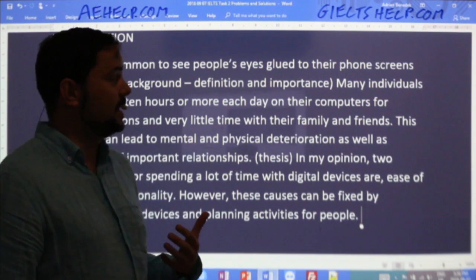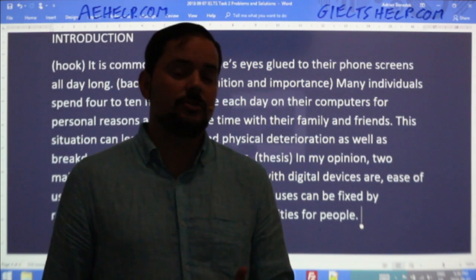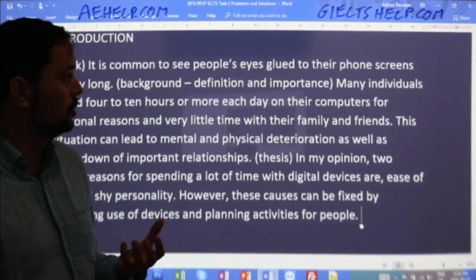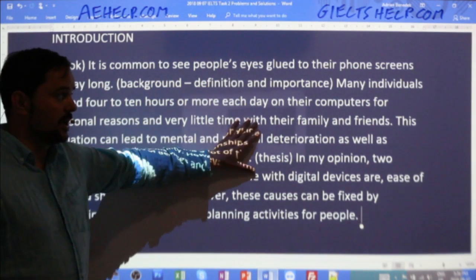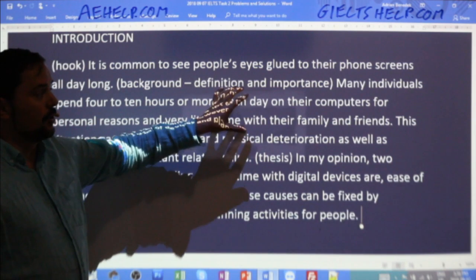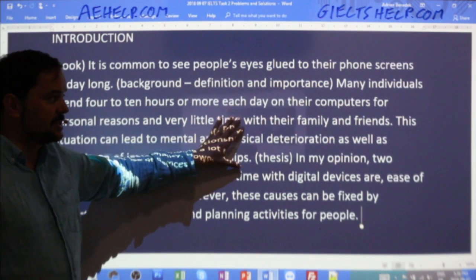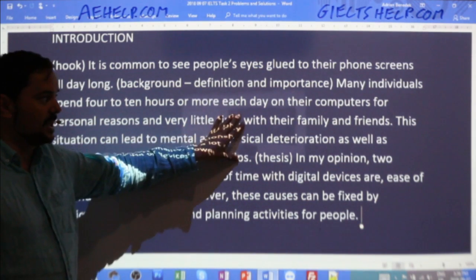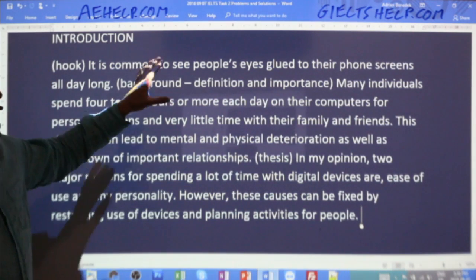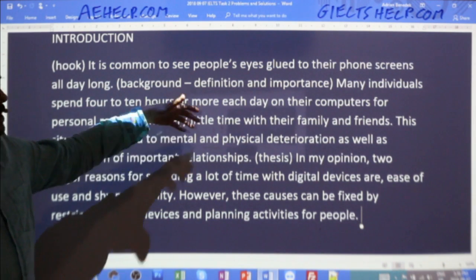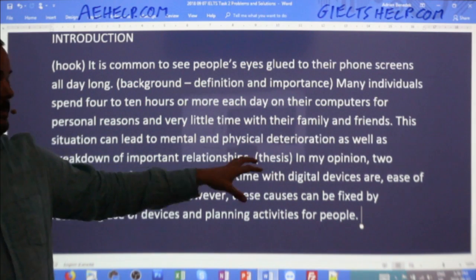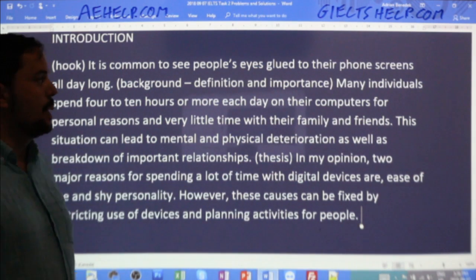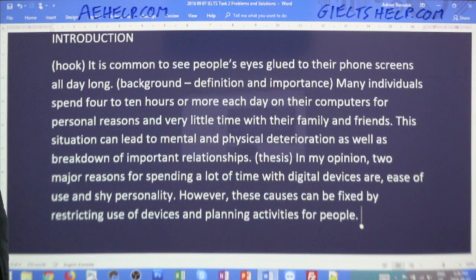So what I'm saying here as a tip or as a strategy to write a strong task 2 is once you finish writing your introduction, just read it quickly and make sure that you're on topic, it makes sense, there aren't some strange or silly mistakes, and you have a good thesis. When you're sure that your introduction is good, it will help to write and compose body paragraph 1, 2, and the conclusion much faster and better.